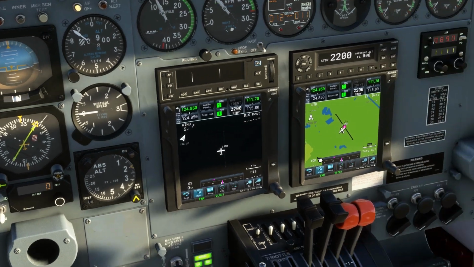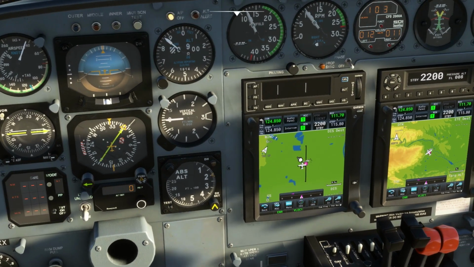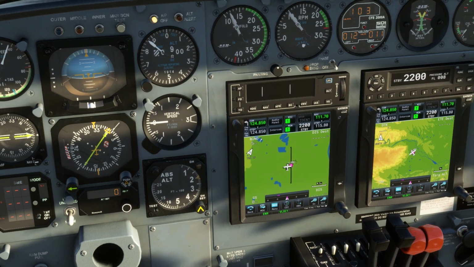Okay, so this is track up, while this is north up. I like to do that. Usually I put this in a very wide area, while this shows me what happens.